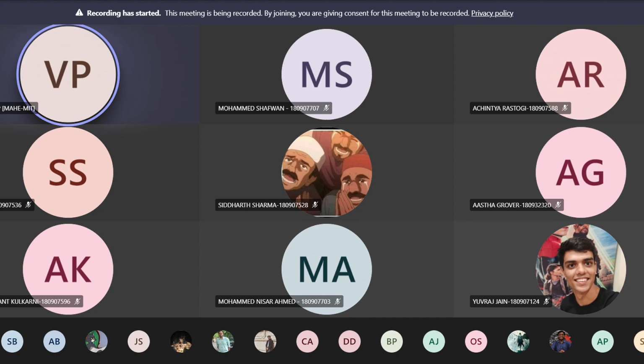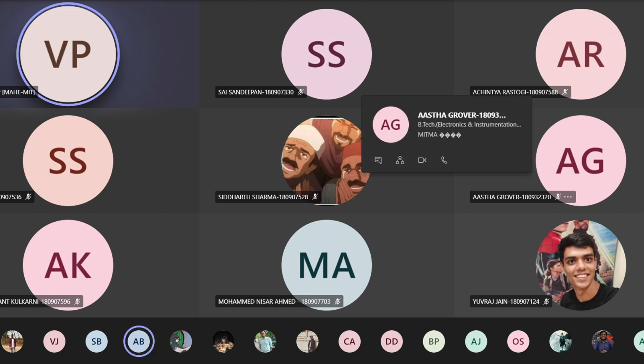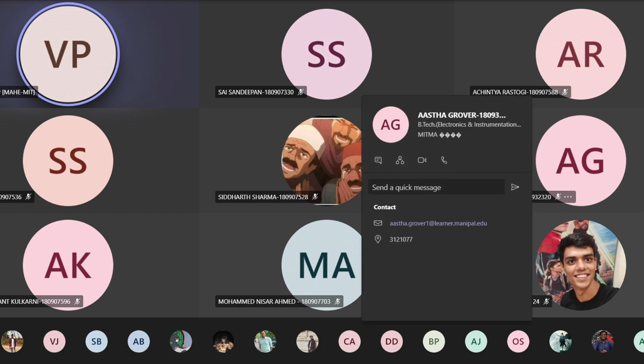W rate is half real part of E cross S star. Now what is H? H is equal to E by eta.